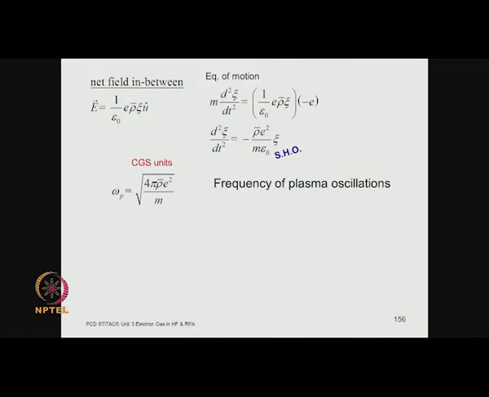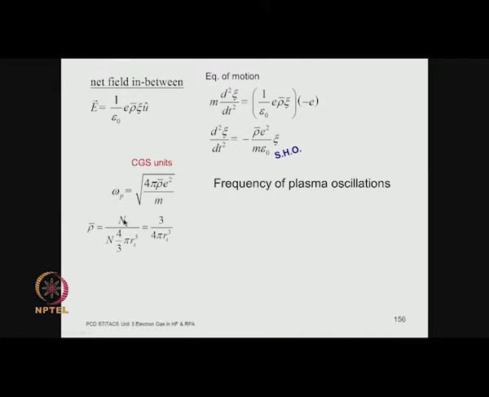So, that is our model. In this model you have the equation of motion for a simple harmonic oscillator. You have the natural frequency of the plasma oscillations given in CGS units. Rho bar is the number of electrons per unit volume.